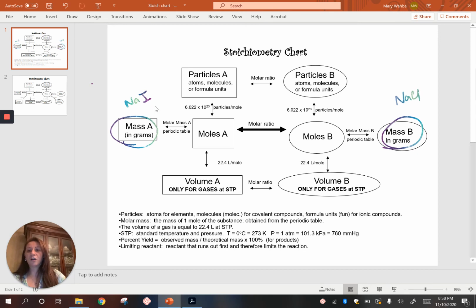So we're going to go from grams of NaI to moles of NaI using the molar mass of NaI. Then we're going to go from moles of NaI to moles of NaCl using the molar ratio from the equation. And then we're going to go from moles of the NaCl to the grams of the NaCl using the molar mass of NaCl. So let's do that.